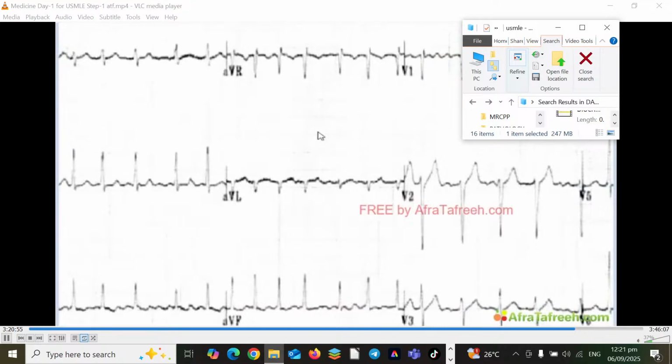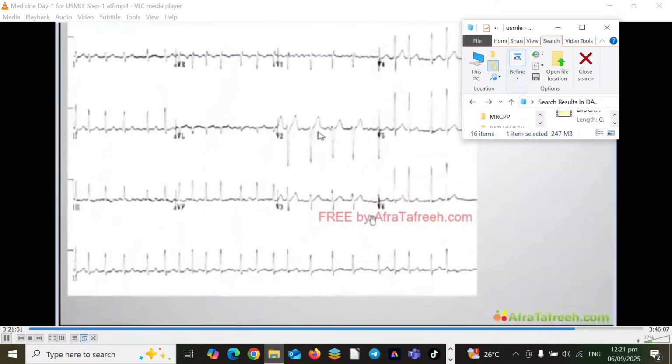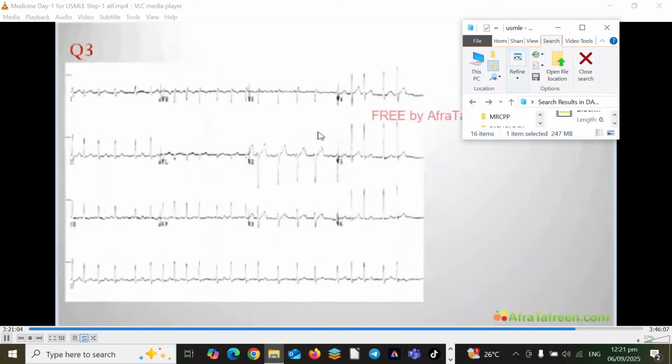If you have to map out the RR intervals, what you do first is affirm the axis. Even then AVF is positive, so it's either a normal axis or a right axis deviation. The rate is definitely tachycardia. You see that there is less than 2 large boxes here. Now, when you say tachycardia, it does not stop at that. What you need to assess is what was the next beat after the tachycardia. And this was a longer beat.